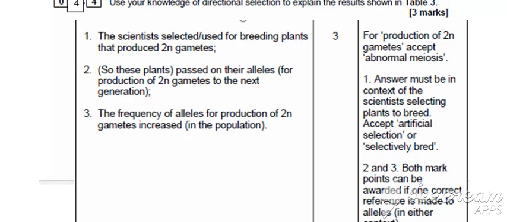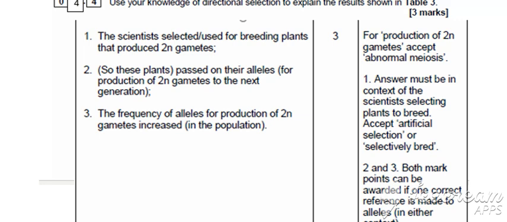So in terms of describing directional selection to explain these results, we know that the scientists actually selected those individuals that were producing the 2N gametes. So there was selective breeding going on, or artificial selection, of those plants that produced the 2N gametes.